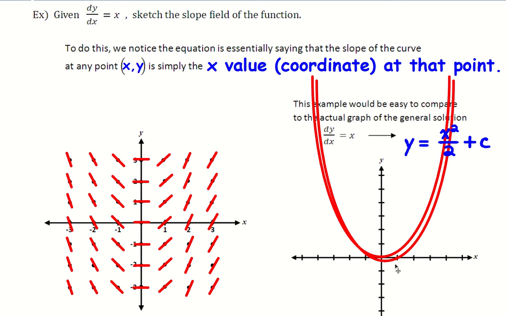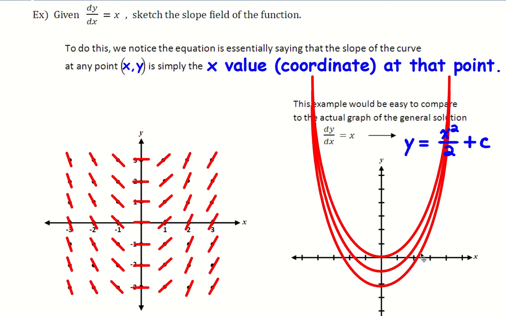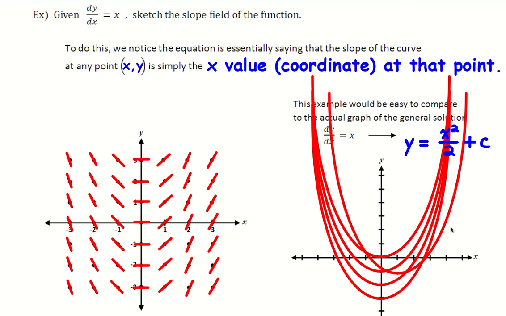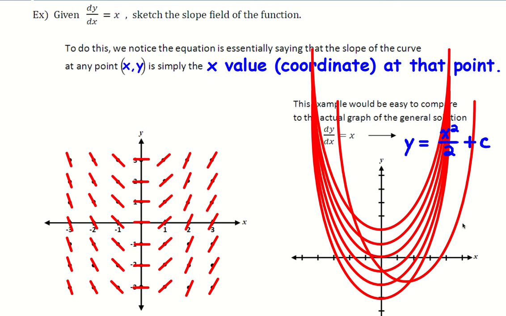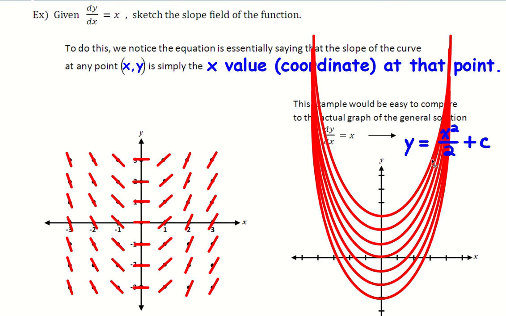And why don't I also do this, calling an audible. These are just some of the particular solutions for different c values. These are just the nice integer c values, but a c value doesn't have to be an integer. There could be a graph here, a graph there.